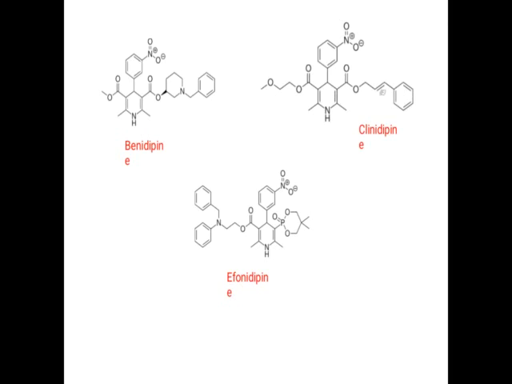These are some other calcium channel blockers. Okay, so benidipine, clinidipine, and ifosfamidipine. So these are some drugs which come under the calcium channel blockers. So just go through the structures. Write down the structure in your notebook.